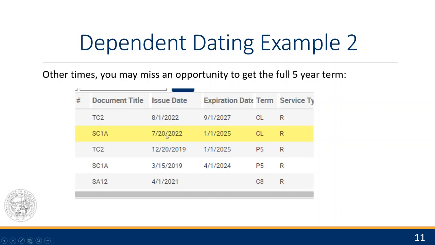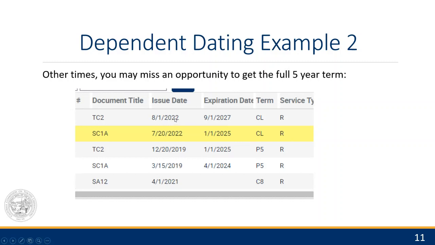But if you just pushed it up a little bit, if it wasn't an employment issue, if it was okay to just have it start on August 1st, then we would be able to match it to this base credential, and they would get the full 5 years. So hopefully that makes sense. If it's not an employment emergency that they start on July 20th for this example, and it can wait until August 1st, that would be more beneficial to everybody involved to get the full 5 years.